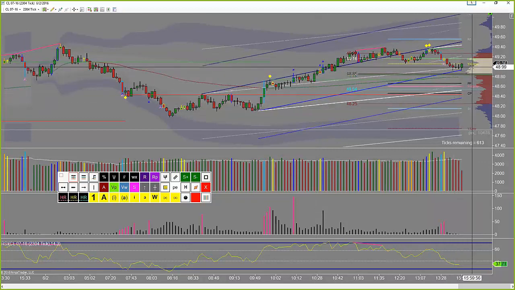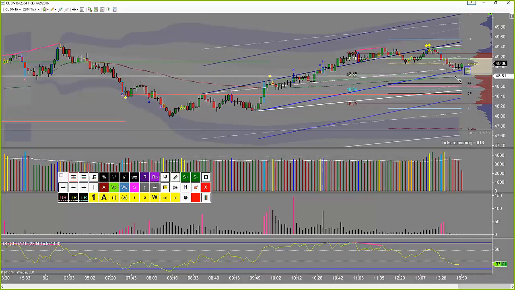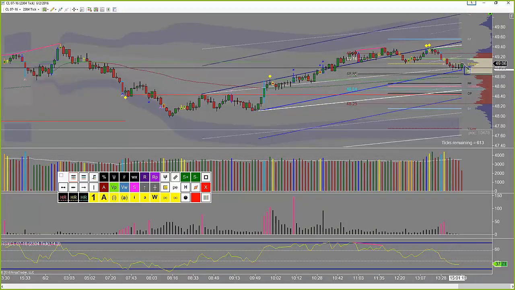And we've come down into the thick part of the volume cluster, which is right here. Not quite to the point of control, but it's not necessary to come to the point of control.